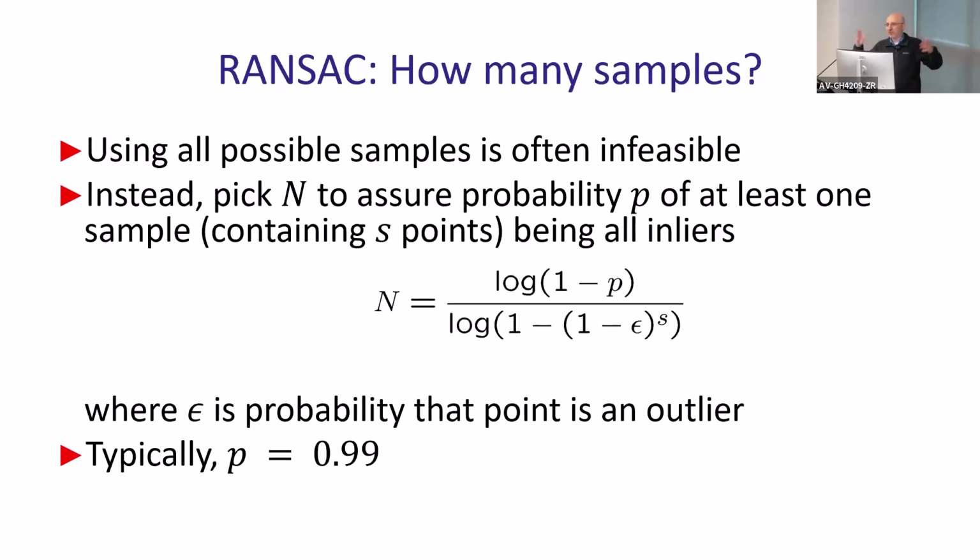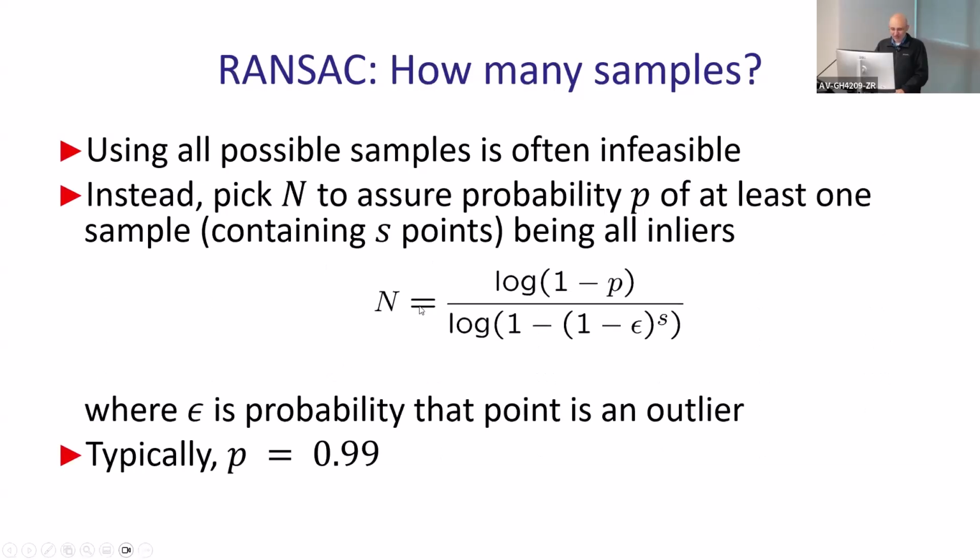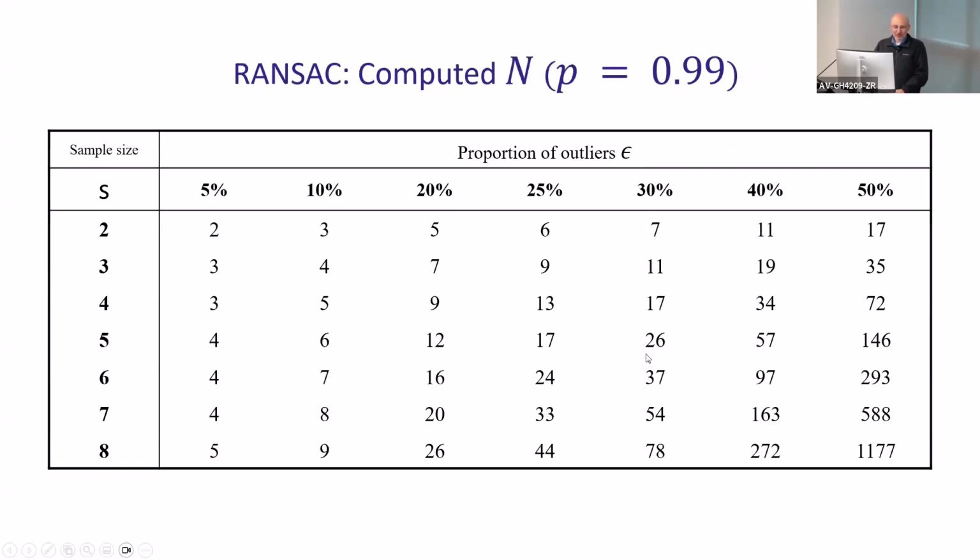You're saying 20% outliers, 10% outliers. And if you know all of these numbers or you estimate them well, you can compute the number of trials that you need to do until you get at least one where both points are inliers. Okay. And interestingly, these numbers are not huge. This is a tabulated function. So this is that same function tabulated for S. In our case of a straight line, it will be the first row, okay?